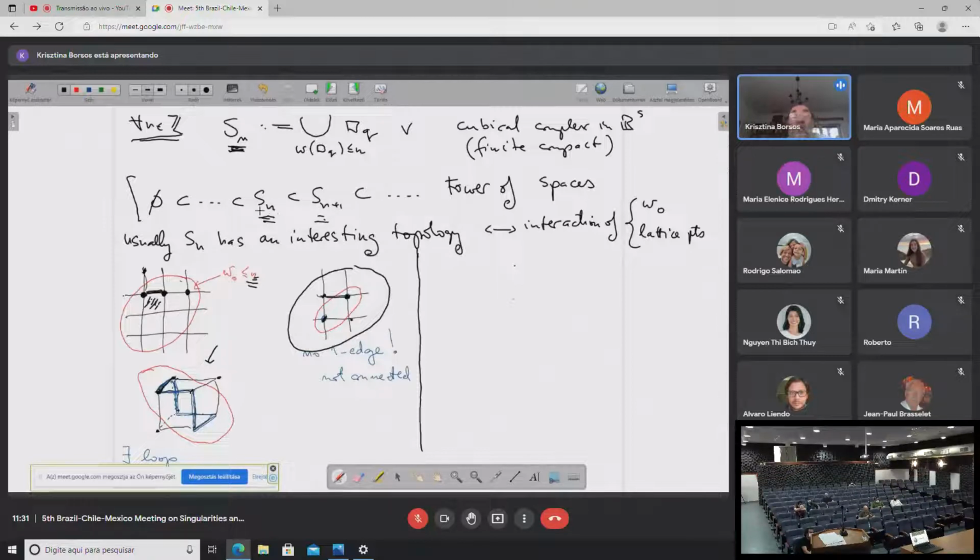So this is exactly the construction. What is important here is the weight function and the lattice points, how they fit together, how the lattice structure is somehow compatible with the level sets of the weight function.